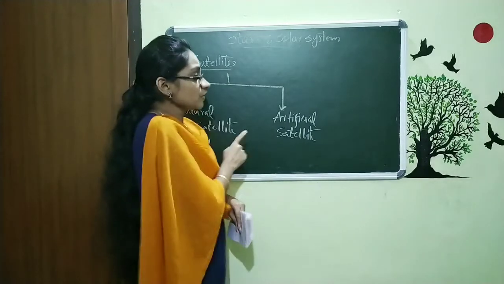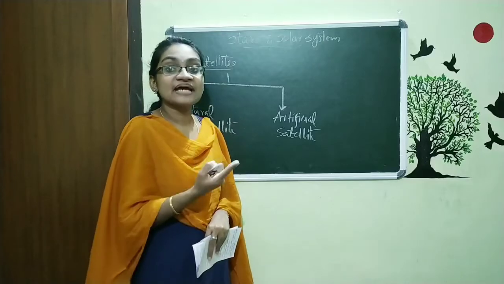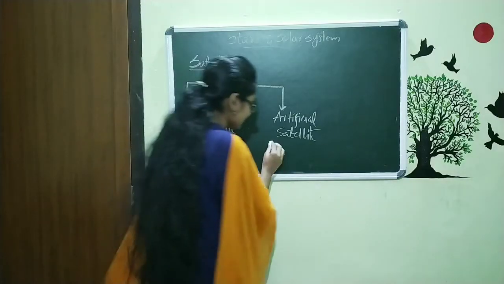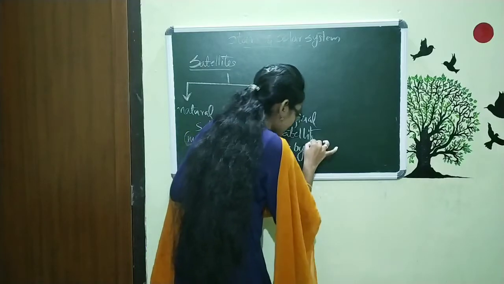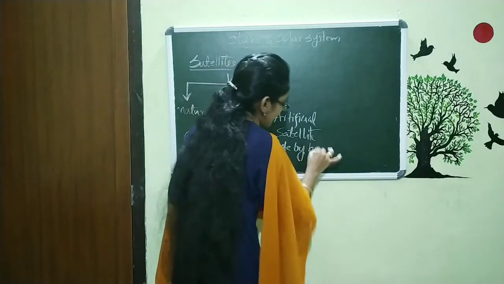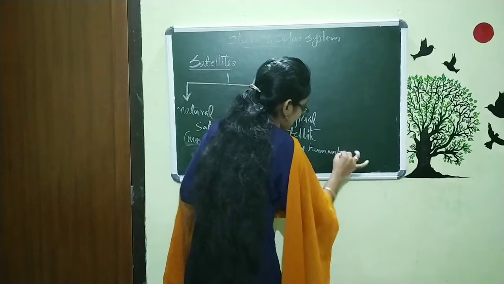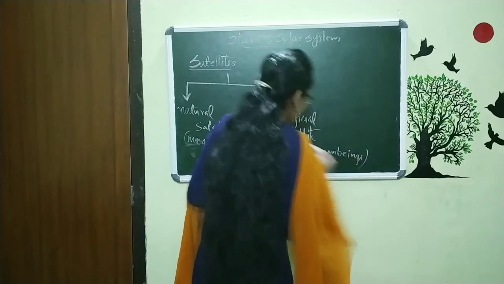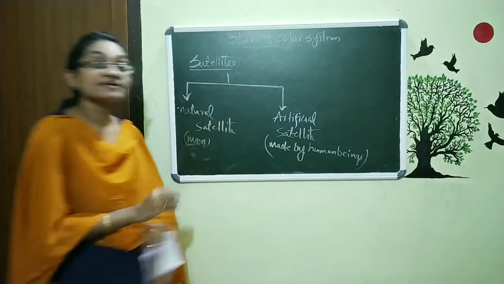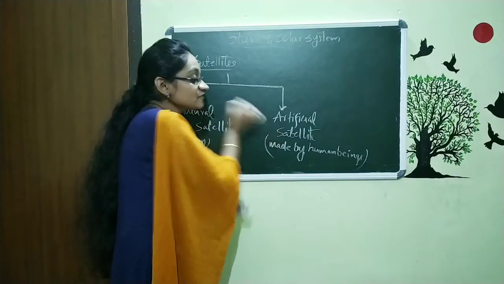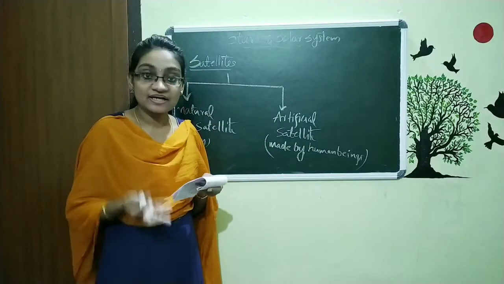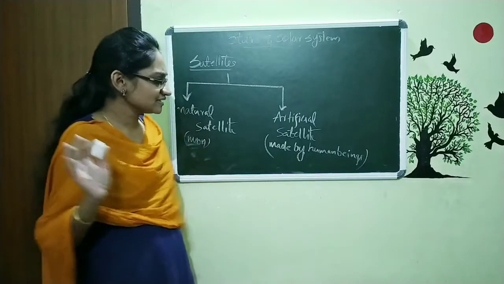But you know, there are other satellites which are made by human beings. That means man-made. And that is called what? Artificial satellites. Some examples of artificial satellites are Chandrayaan, Mangalyaan, etc. So just put the names in your mind.